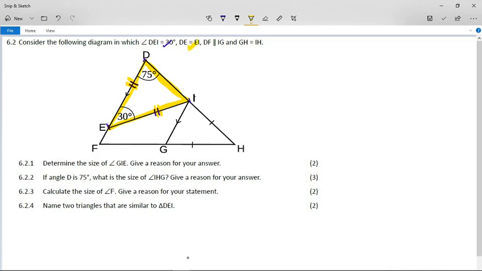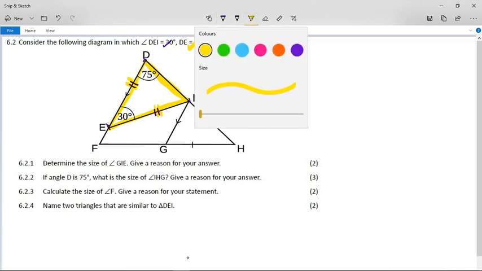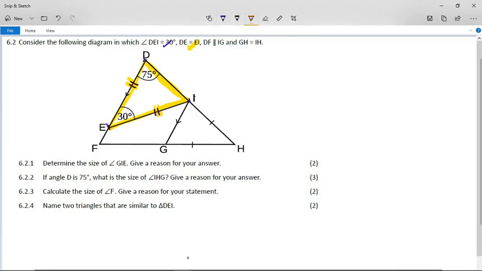Then it says to you DF is parallel to IG. So let's pick another highlighter color here. Here is DF, and here is IG, and it says they are parallel. And you can see that they are parallel because they've put the parallel line markings in.